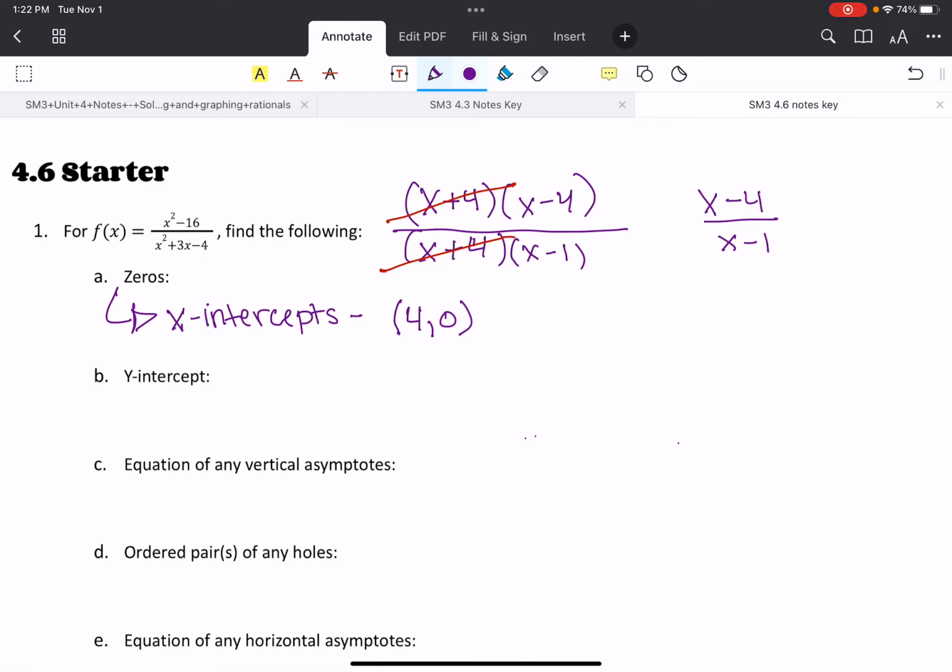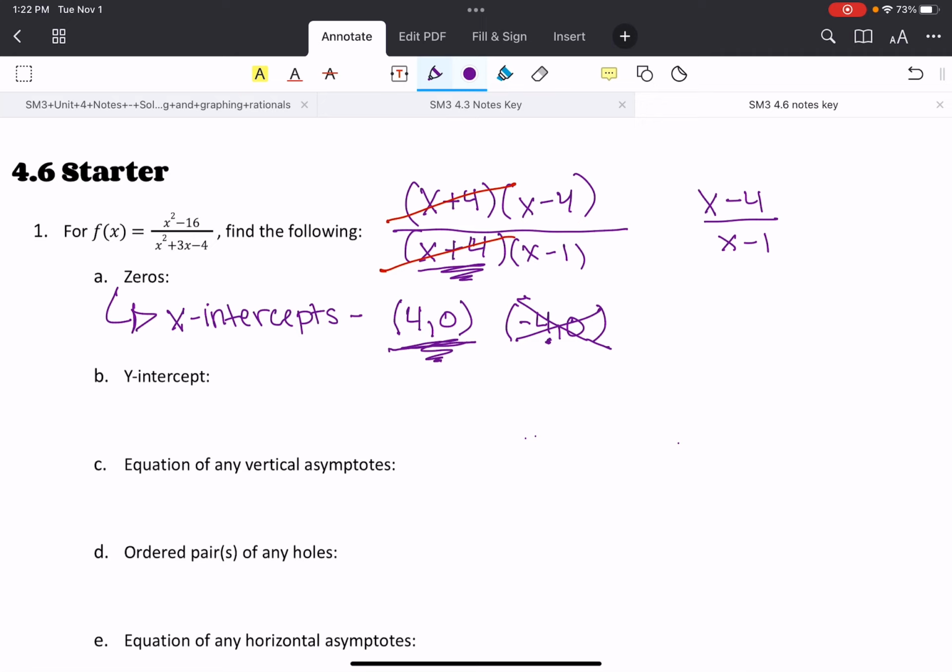Because it reduced. What is that called? A hole. It was an excluded value. So even though you could probably say there was an x-intercept at negative 4, there's not, because negative 4 is an excluded value. This is my only x-intercept.